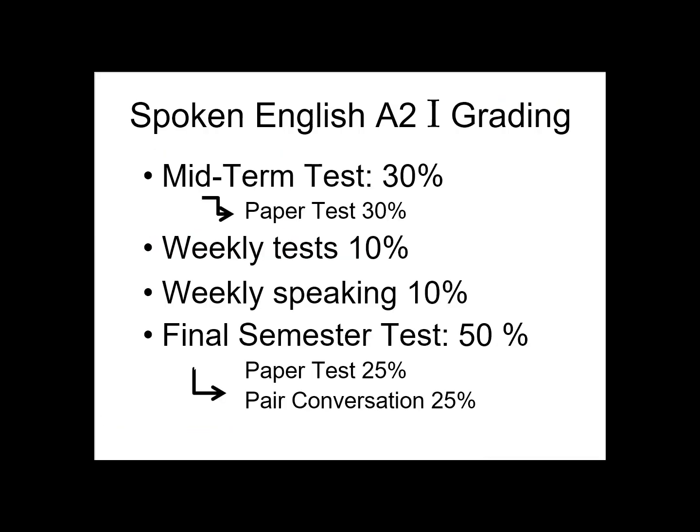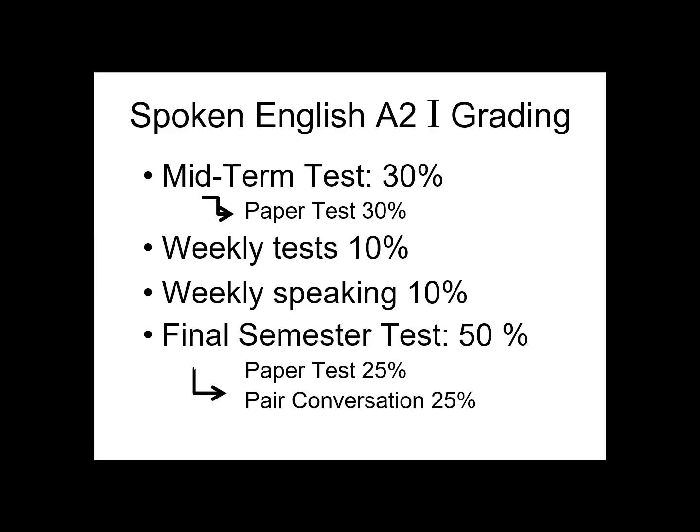So let's have a look at the grading. Now this is the grading for the classroom, but just to give you an idea of what we would be doing, there'll be a midterm test, a paper test, so I could still give you the paper test. Weekly tests, yep, I can set some tests that we can do over the internet using forms, using hopefully Google Classroom, but I'll talk about that in another video.